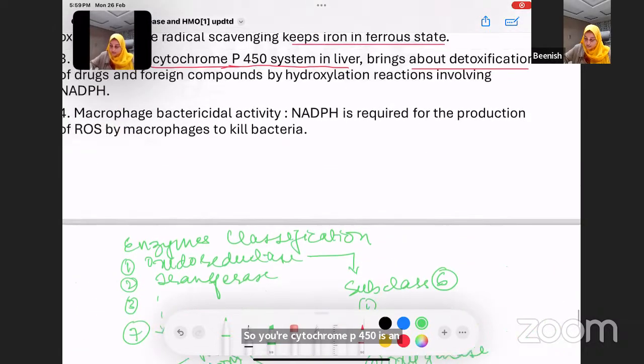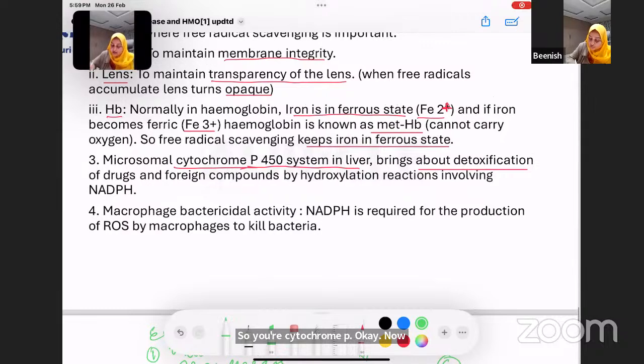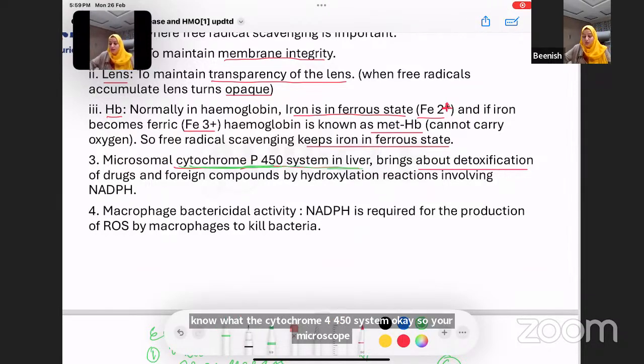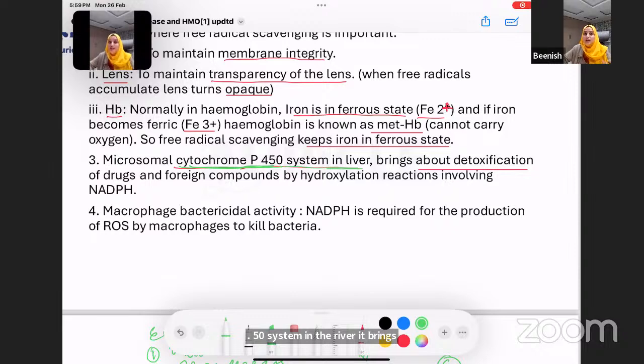Okay. Now, you know what the cytochrome P450 system is. Your microsomal cytochrome P450 system in the liver brings about detoxification of drugs. So this enzyme is involved in detoxification of drugs. You will study this in great detail in xenobiotics. Anything that I'm explaining here is not extra. It's just that you will study all of this in different chapters.